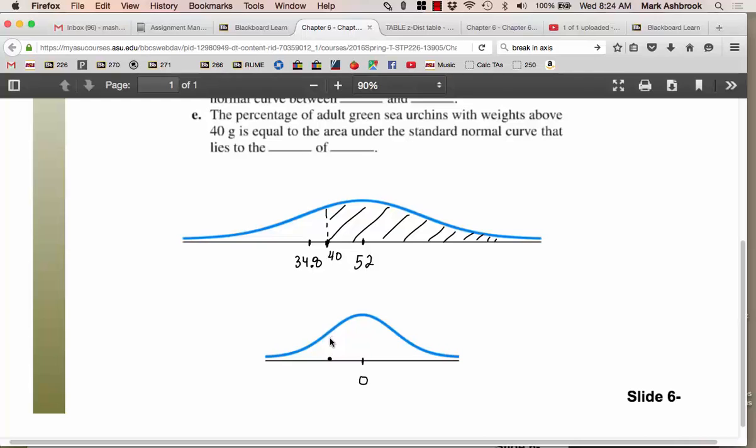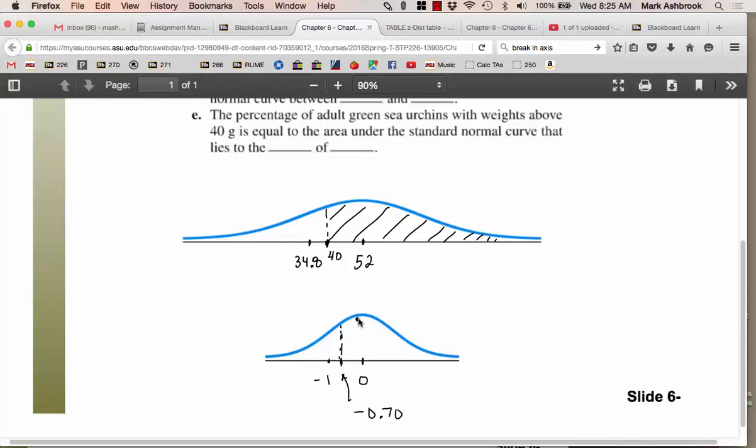So we found the z-score for 40 and we got negative 0.70. And why do we want that? Why do we want the z-score for 40? To find the percentage.